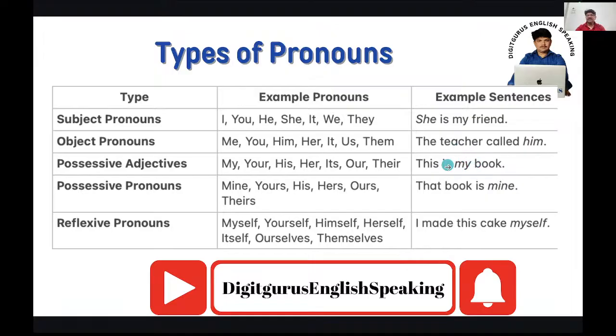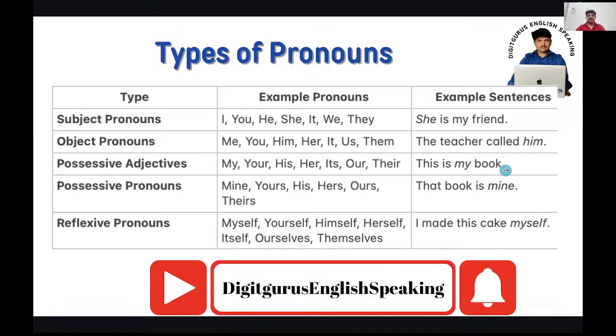Book is a noun, so my is coming before a noun. This is a possessive adjective because my is telling more information about the book.